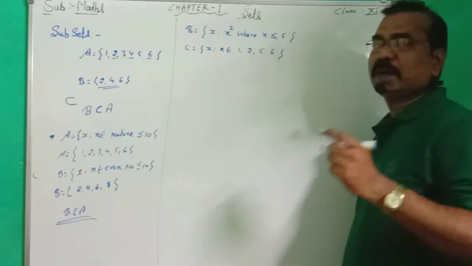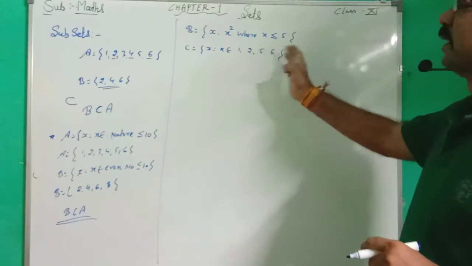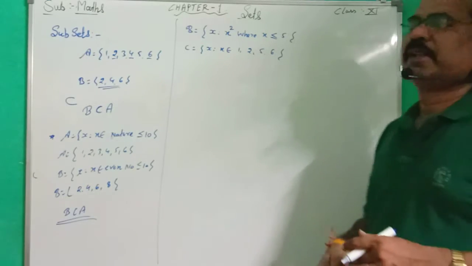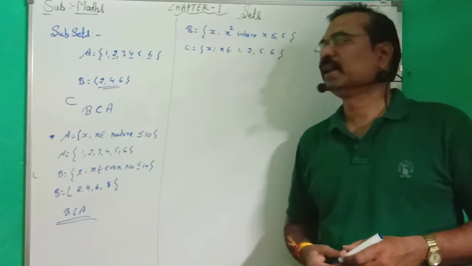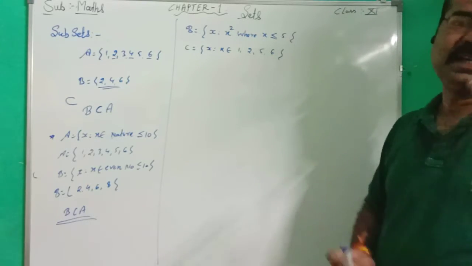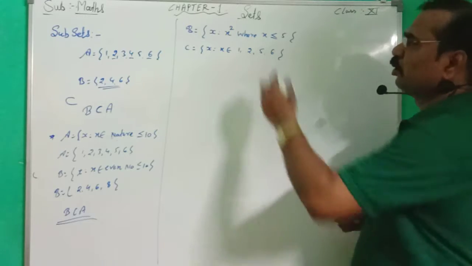Students, first you should know which form this is. It is the set builder form. Before this video we discussed which forms we can write, the roster form or the set builder form.